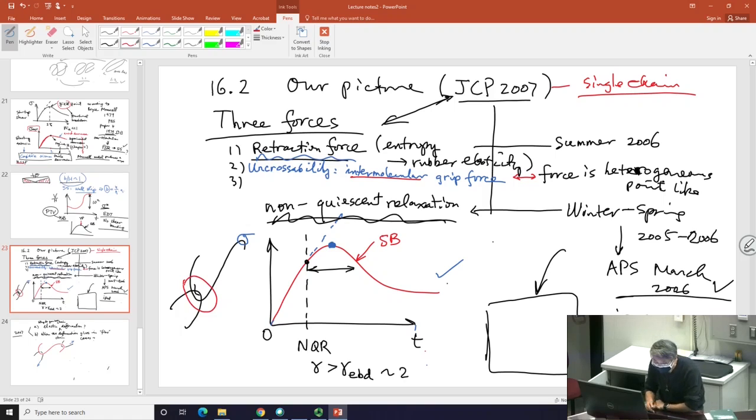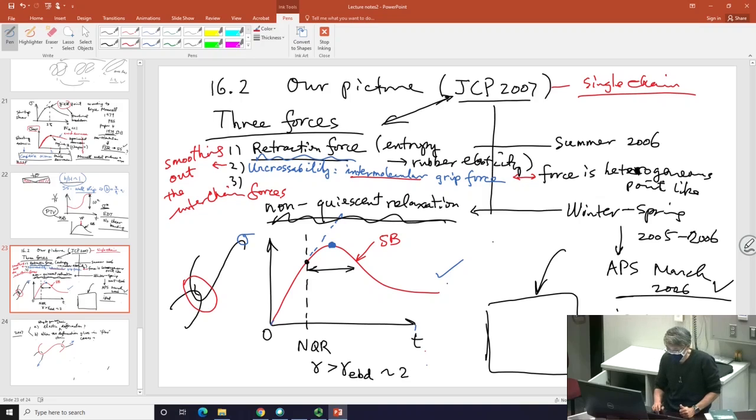So for that reason, the tube model was smoothing out the interchain effect, interchain force, if you like. So that's the contrast. We want to recognize this explicitly in a picture of a chain network, in contrast to the tube model.